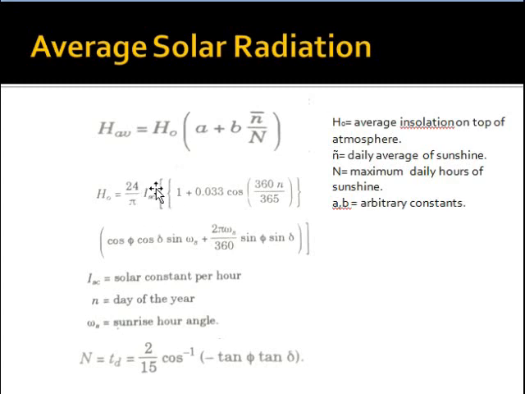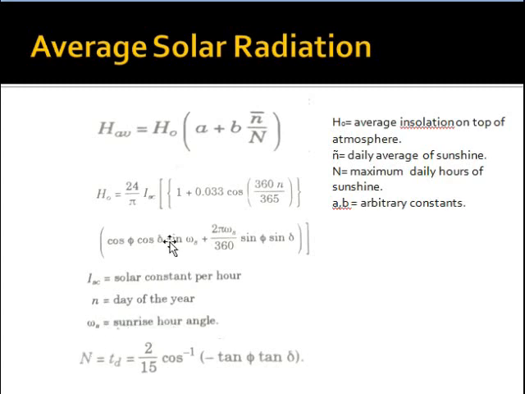So within a small area of 1 meter square, you will get 1.3 kilowatt of power, into 1 plus 0.333 cos of 360 n by 365, into cos phi cos delta sin omega s plus 2 pi omega s by 360 sin phi sin delta, where phi is the latitude or location, delta is the declination of the sun with respect to the earth, and omega s is the hour angle.